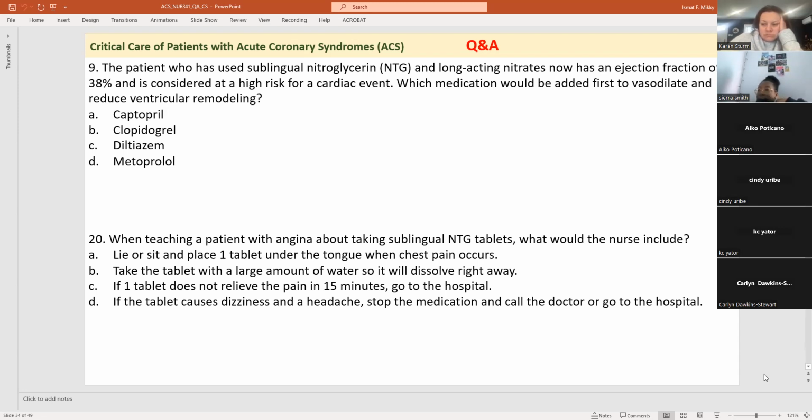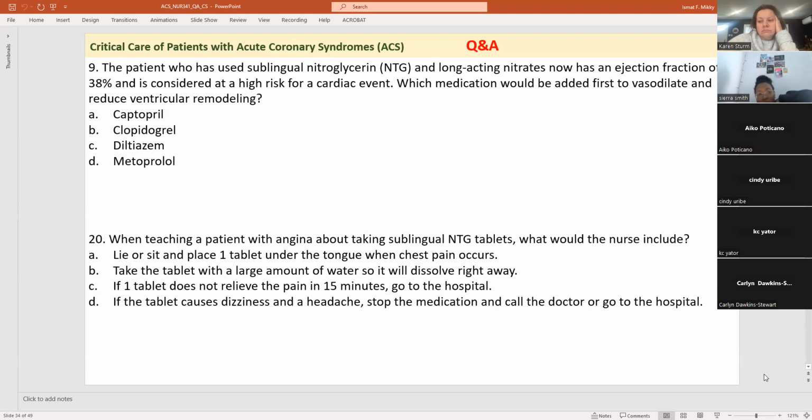I'm going to say, correct, the captopril, the ACE inhibitors, right? So the ACE inhibitors would be added. It's a vasodilator, and it will decrease endothelial dysfunction and may prevent ventricular remodeling.